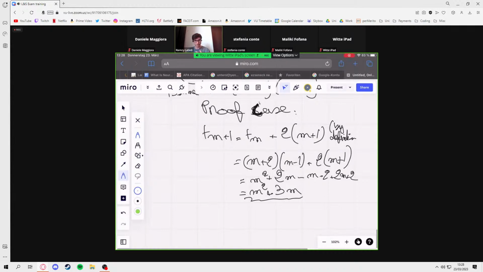And using induction, we prove that for all m plus 1, Tm is equal to m plus 2m minus 1.